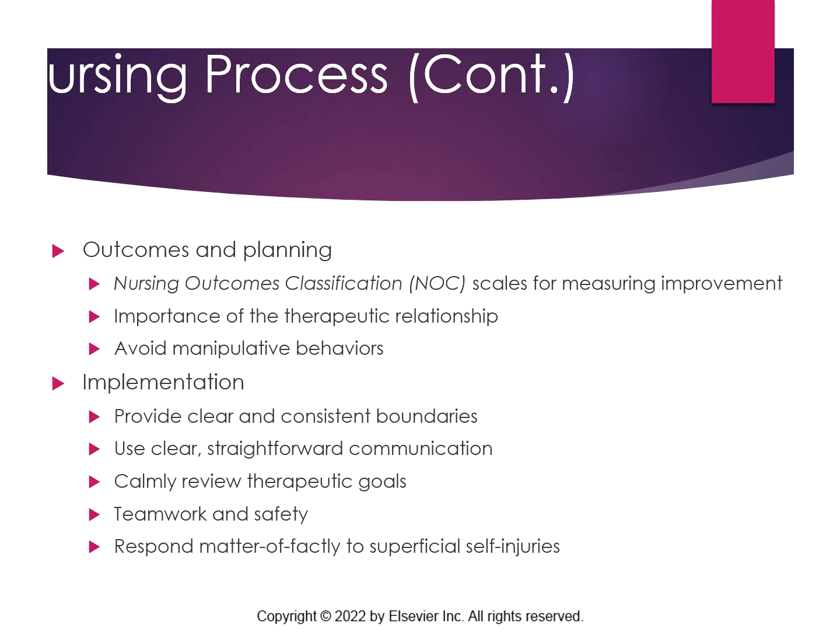For implementation, provide clear and consistent boundaries. We have to keep reiterating this for our patients, or they'll manipulate these boundaries. So use clear, straightforward communication and calmly review therapeutic goals. Teamwork and safety is very important.